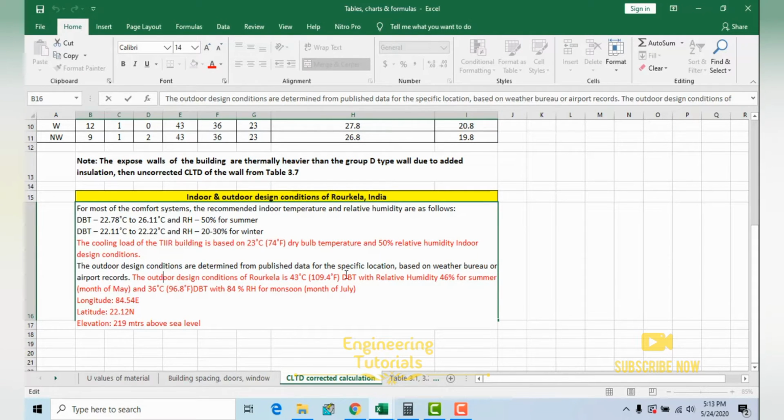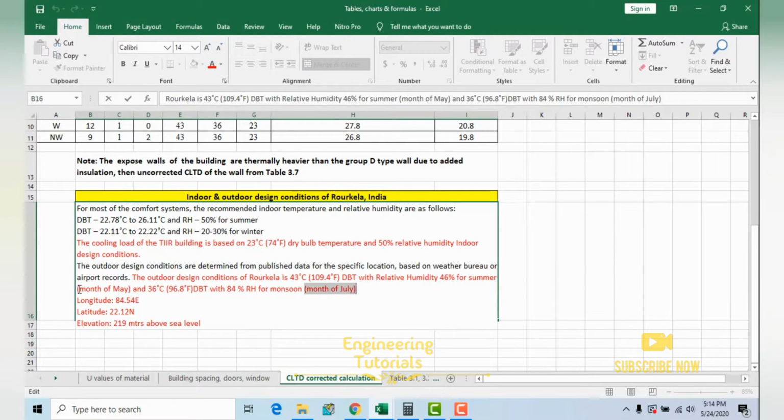And the outdoor design condition you can get from the weather bureau or the airport records or from the local authorities in your area. So we know that from the local authorities the outdoor design temperature of Rourkela is 43 degrees Celsius with the dry bulb, and relative humidity is 46% for summer, and design month for summer is May, and for monsoon outdoor design bulb temperature is 36 degrees Celsius and with 84% relative humidity, and design month of monsoon is July.